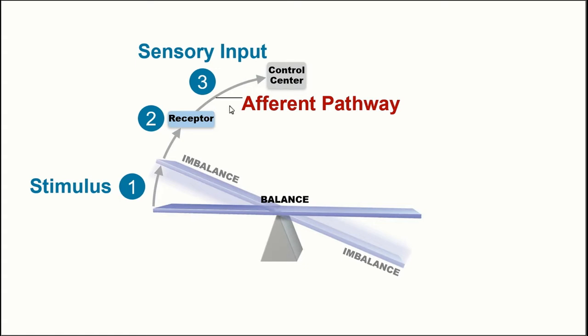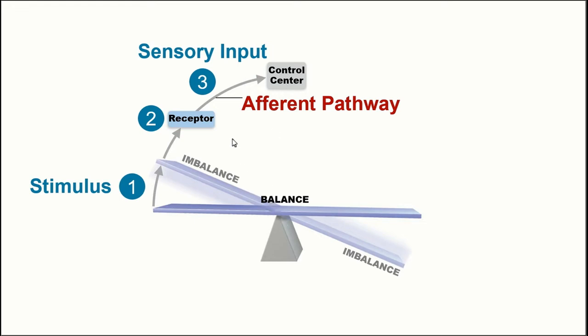So the receptor is simply informing the control center that a change has occurred. The receptor really isn't doing anything other than telling the control center, hey, there's some change that has occurred. It's up to the control center to actually go about making a change to the body to bring balance back to it.